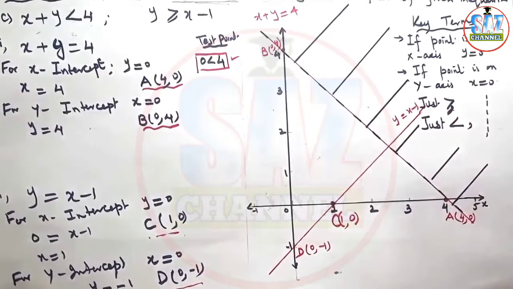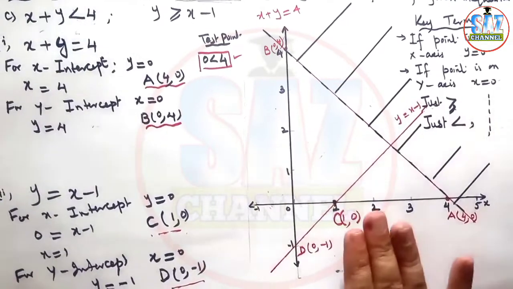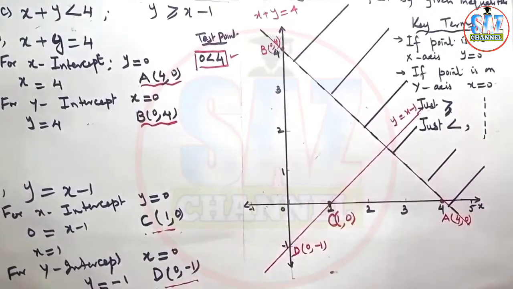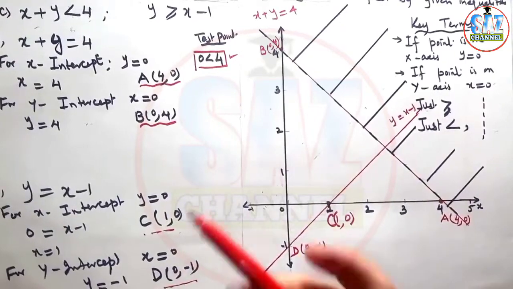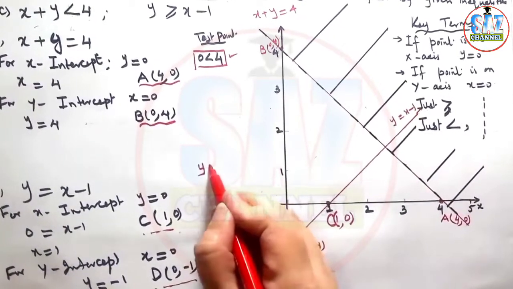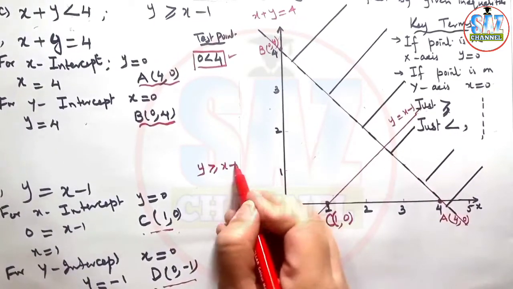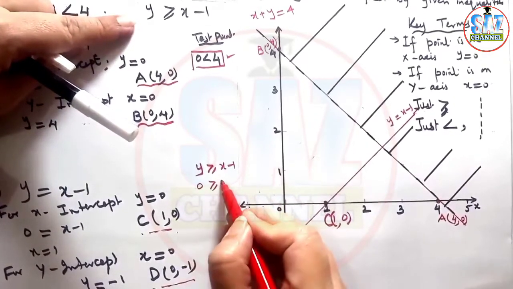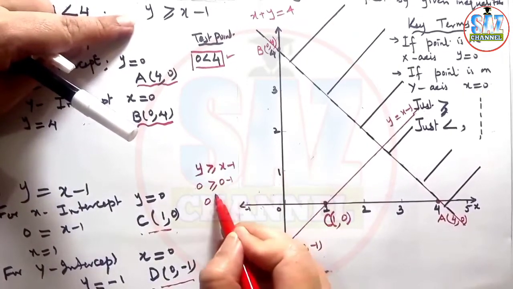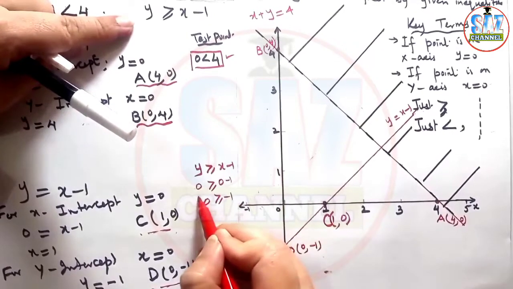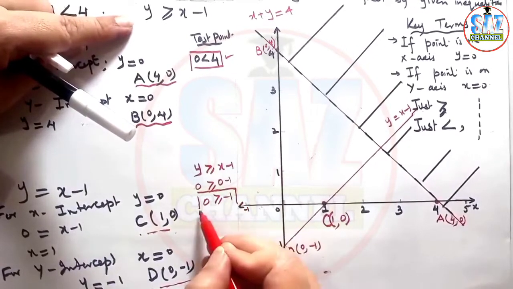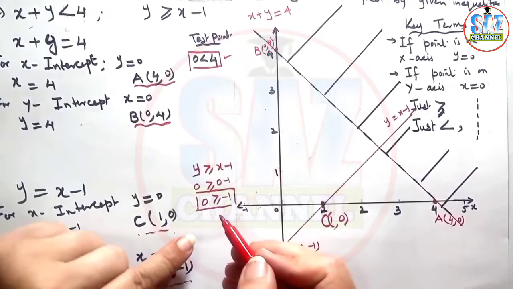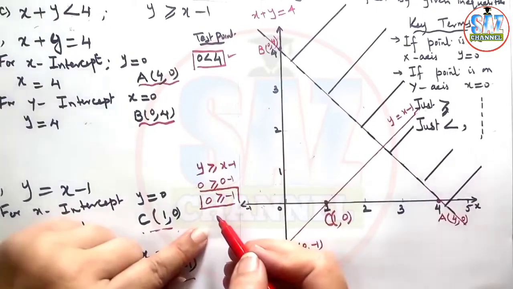After this, we have to decide on which side of this line we are going to shade. Our inequality condition is y greater than or equal to x minus 1. Use the test point: 0 greater than 0 minus 1, so 0 greater than minus 1. What do you think? Is 0 greater than minus 1? Yes, 0 is greater than minus 1.